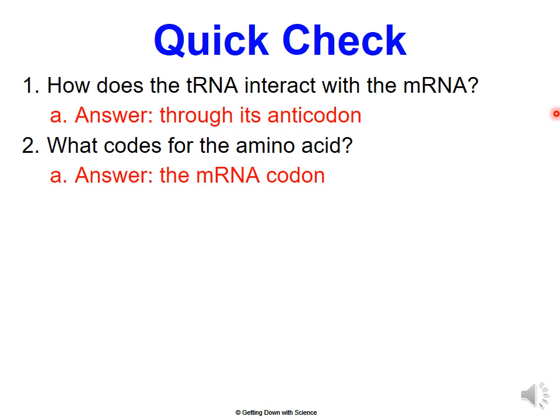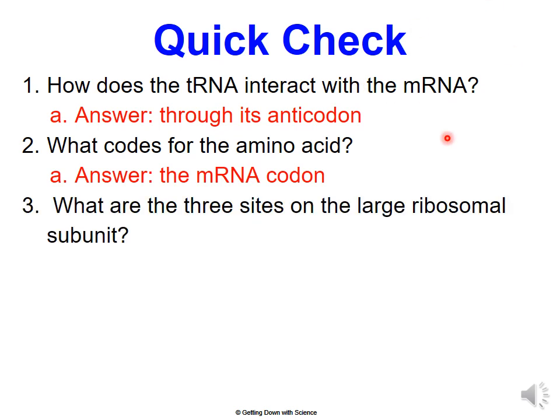So the mRNA tells us what it is. tRNA just carries it and helps match it up. What are the 3 sites on the large ribosomal subunit? So that's our A, that's like our arriving. Our P is basically where we're building, we're making the polypeptide chain, and E where we're exiting.